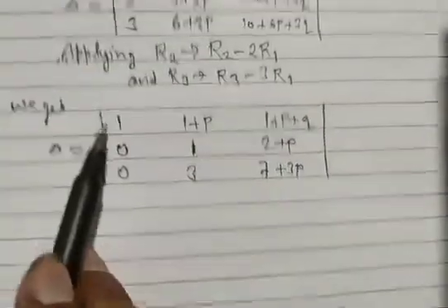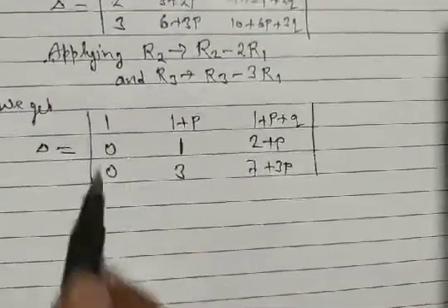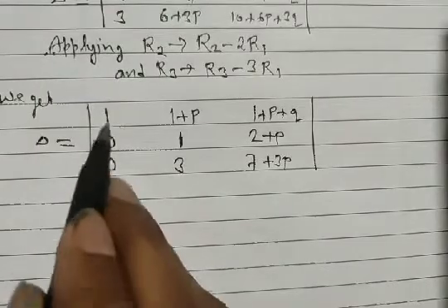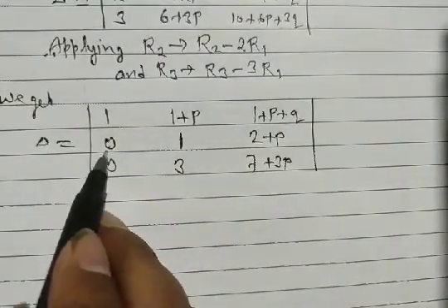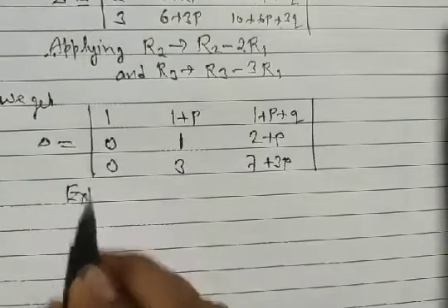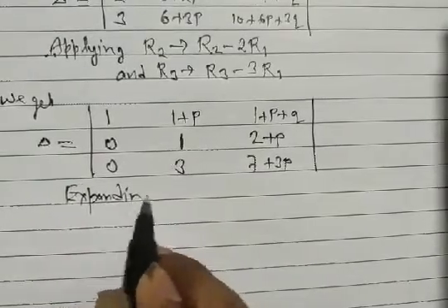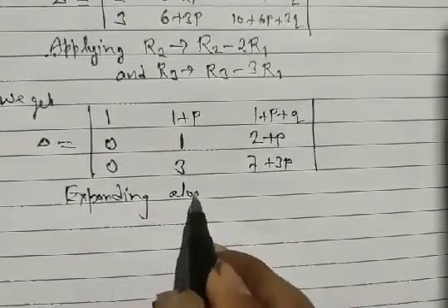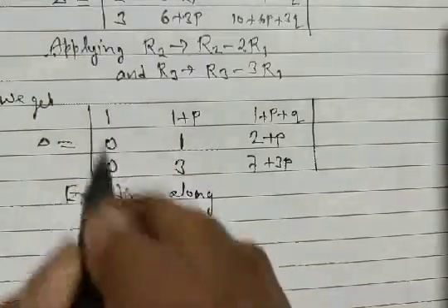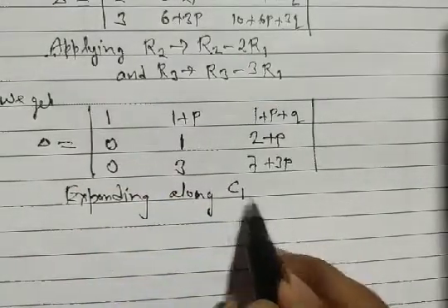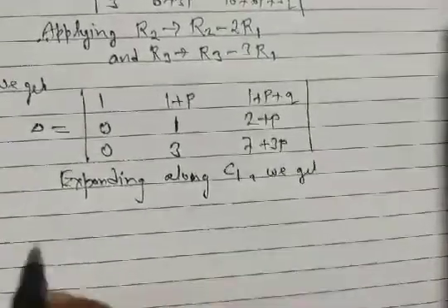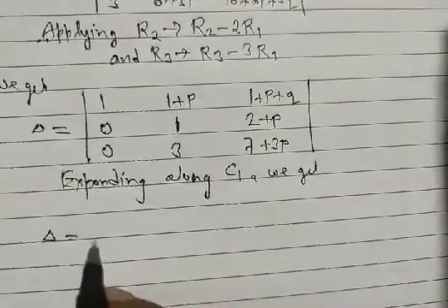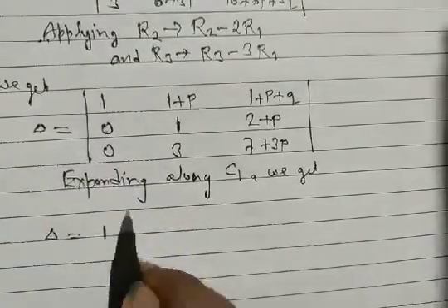Now, after applying the operations, we have the determinant del, where two elements are 0. Now we expand along C1. Then what do we get? Since this is 1, write down 1.